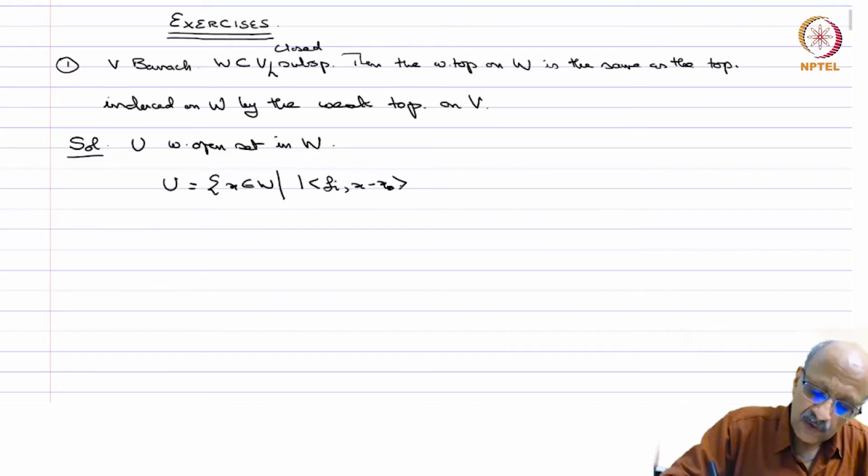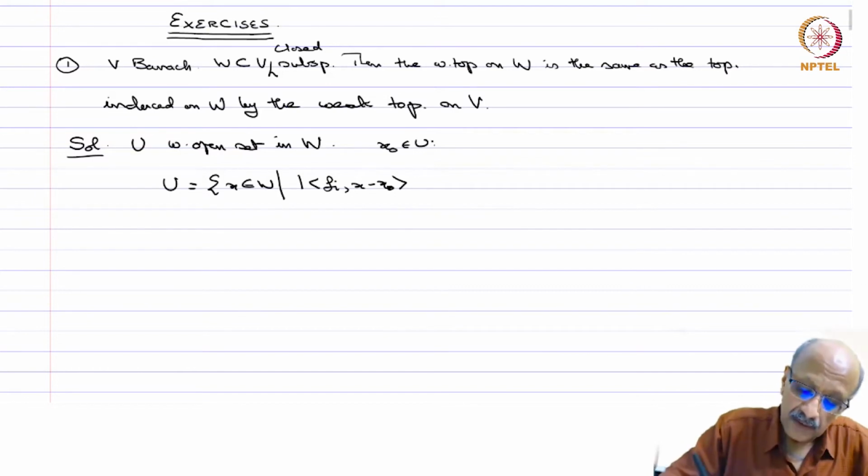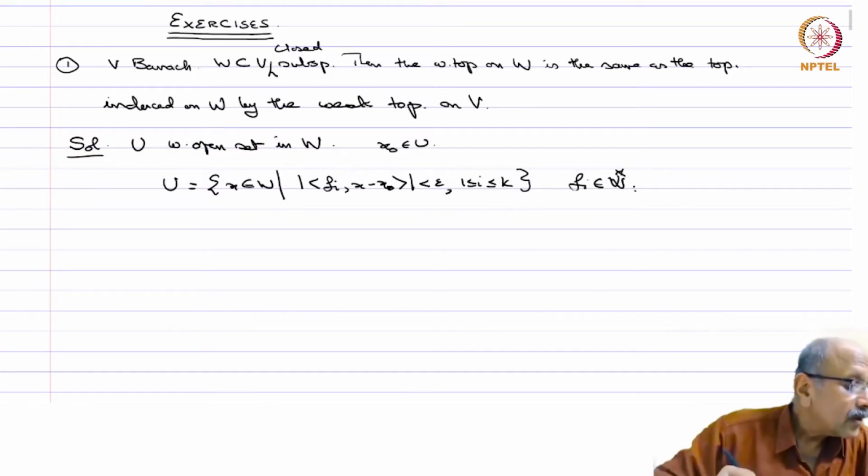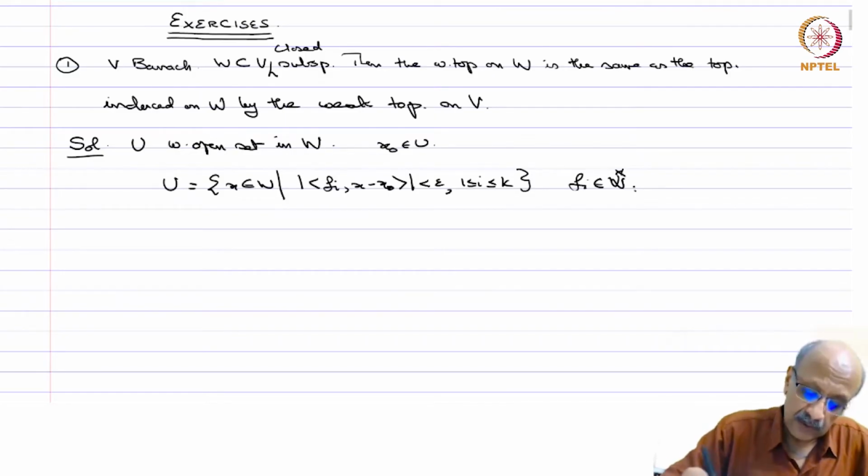So this is the neighborhood of X naught, so X naught in U, is less than epsilon, 1 less than or equal to I less than or equal to K, and Fi belonging to V star, W star. Okay, so this is how the neighborhood will look.